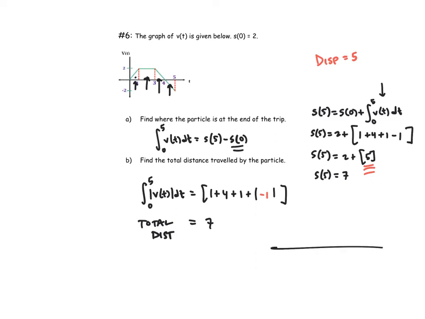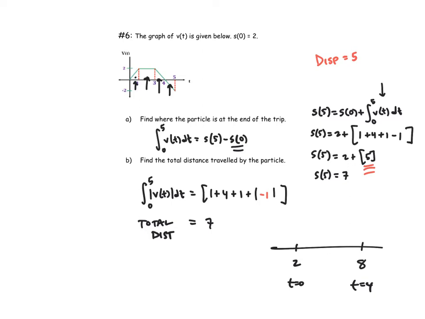We could look at this schematically. At time 0, we're at position 2. We move to the right until time 4, where, let's see, s of 4 would have accumulated 6 units.